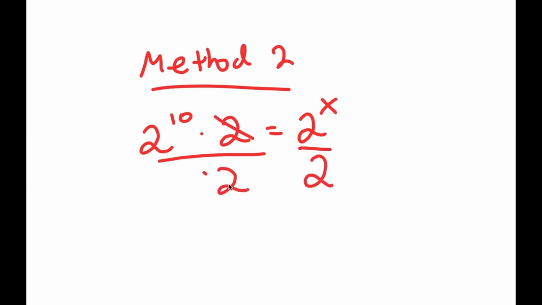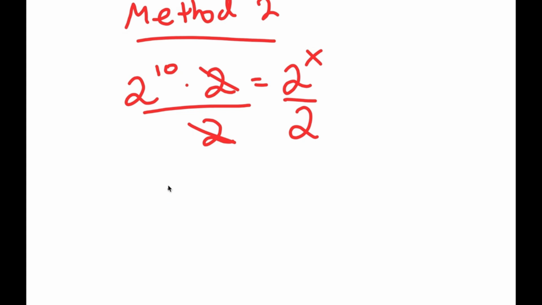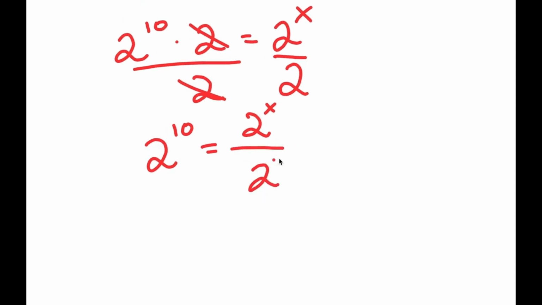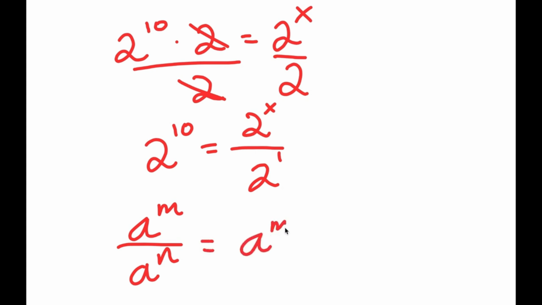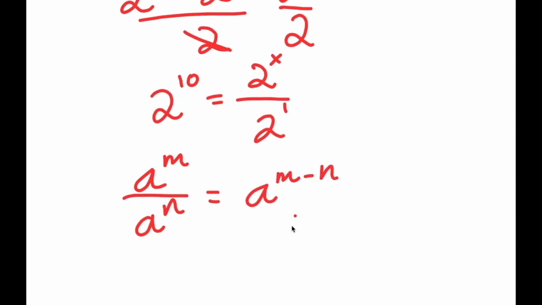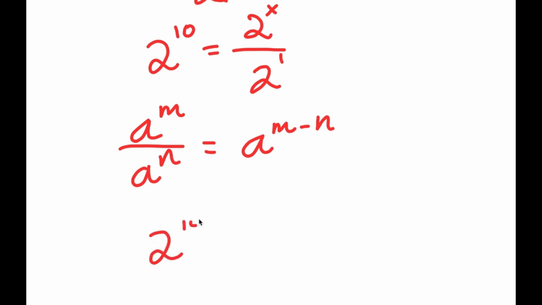So then these two cancel out, and I get 2 to the power of 10 is equal to 2 to the power of x over 2. Now 2 is the same thing as 2 to the power of 1. And if I have something in the form a to the power of m over a to the power of n, this is equal to a to the power of m minus n. So 2 to the power of x over 2 to the power of 1 is going to equal 2 to the power of x minus 1.